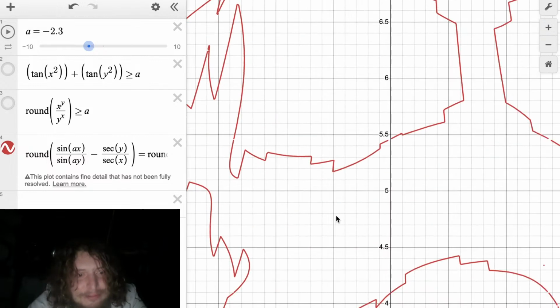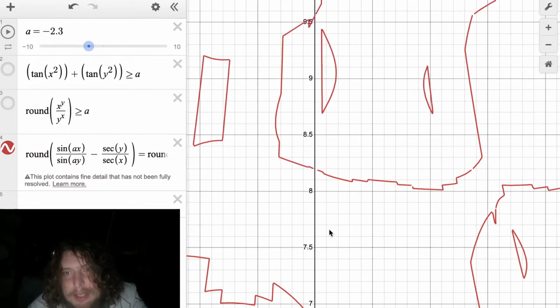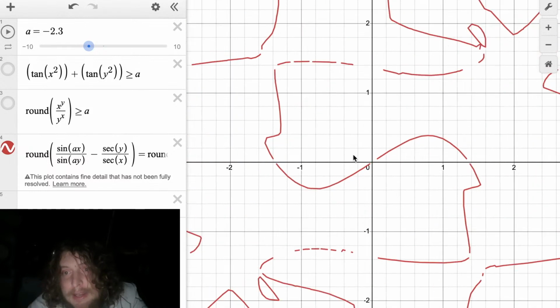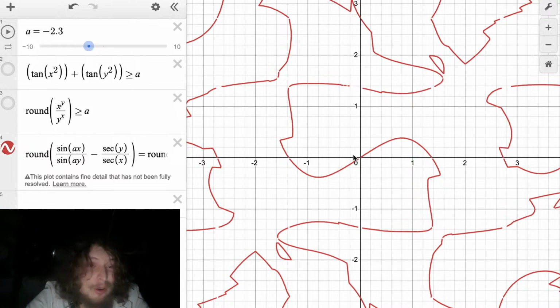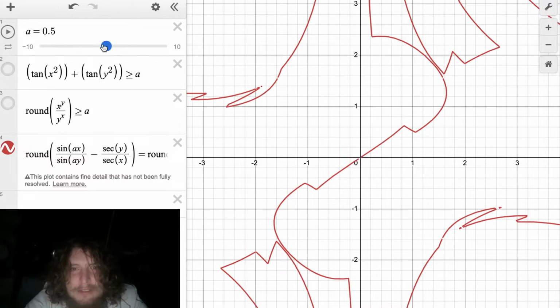All right. Somebody asked, would it be interesting to include the golden ratio in any of these? Perhaps if we're going to raise something to a power, like instead of to the second power, we could go to the golden ratio power or something. However, if we just multiply something by it or use it as a term, it will be basically like a single value of a here, so it's not going to show as much diversity as being able to slide through a bunch of a's.